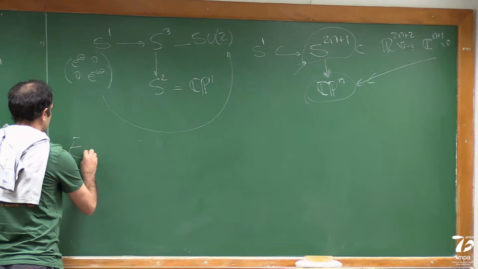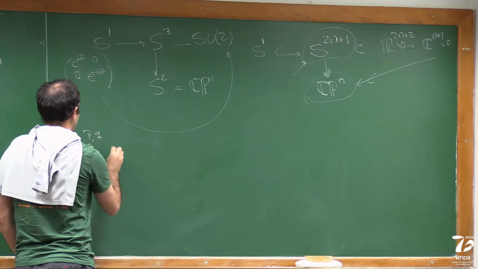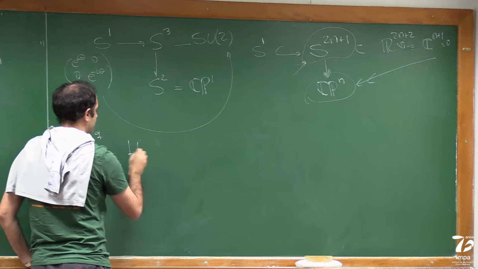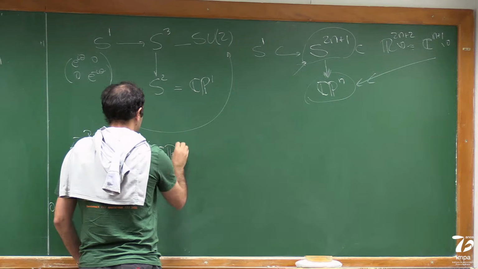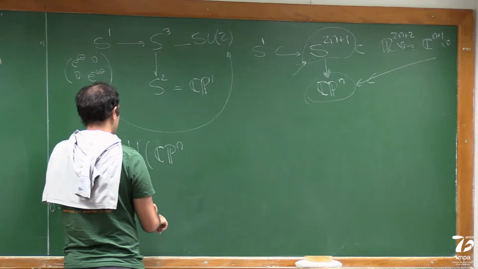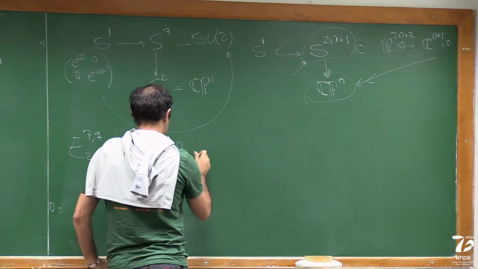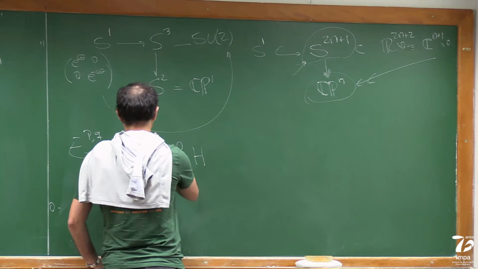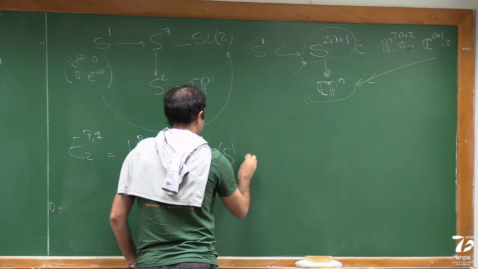So this E2 term has the homologies H_p of CP^n with coefficients in the homology H_q of S1.